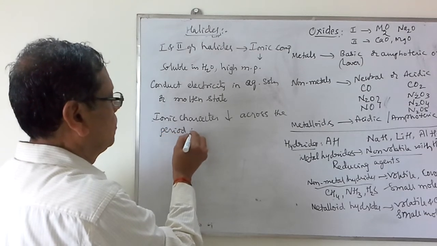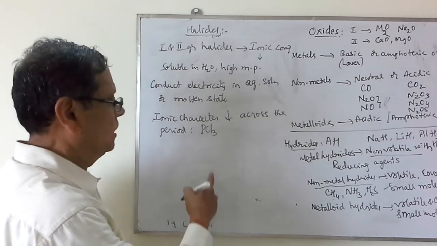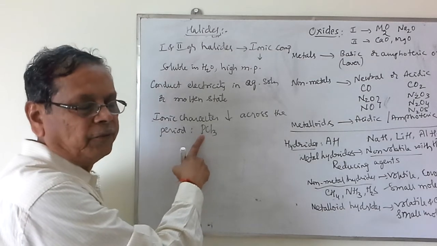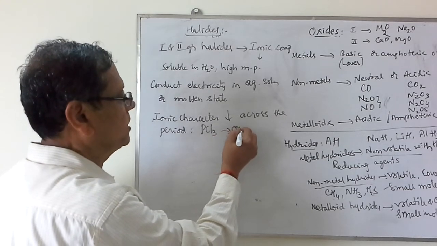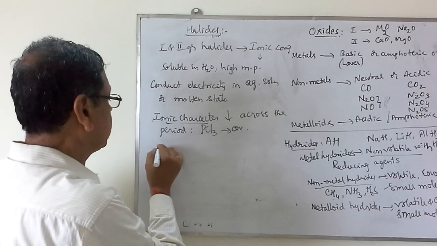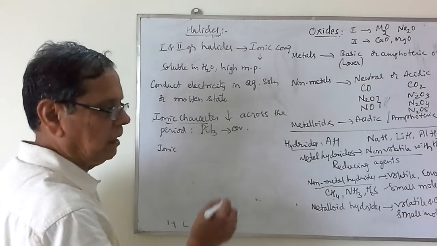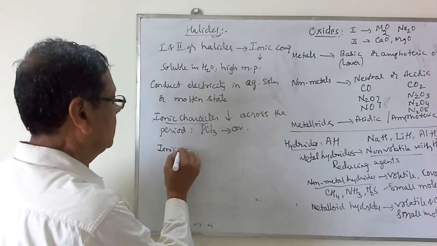For example, when we consider PCl3, that is a 15th group element with a halogen, this is found to be covalent in nature. That's why the ionic character decreases. And ionic character depends on the size of the halogen.